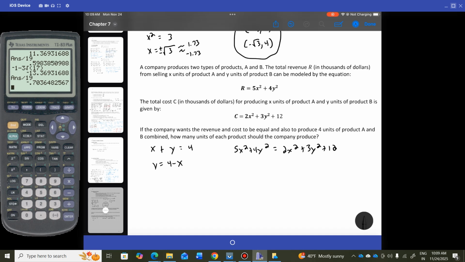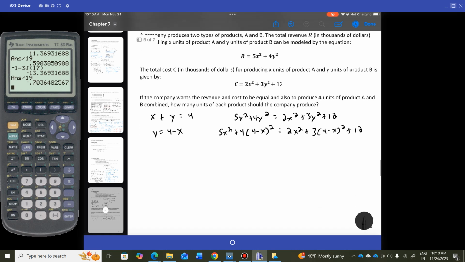And so we can plug in y equals 4 minus x for the y's in the other equation. So we'll have 5x squared plus 4 times 4 minus x squared equals 2x squared plus 3 times 4 minus x squared plus 12.